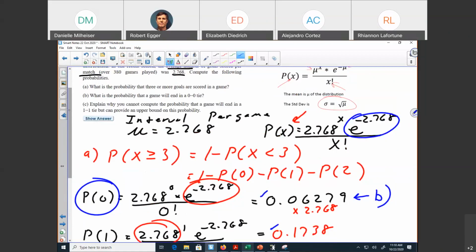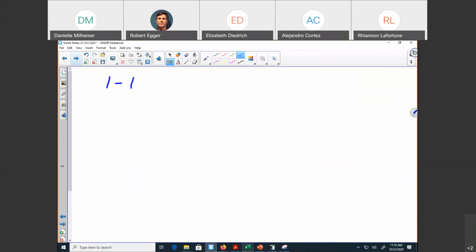So part C, explain why you cannot compute the probability that a game will end in a 1-1 tie, but can provide an upper bound on this probability. Okay. So what does a 1-1 tie mean? Again, the interval is one match.